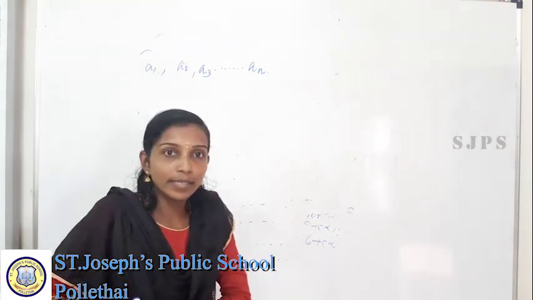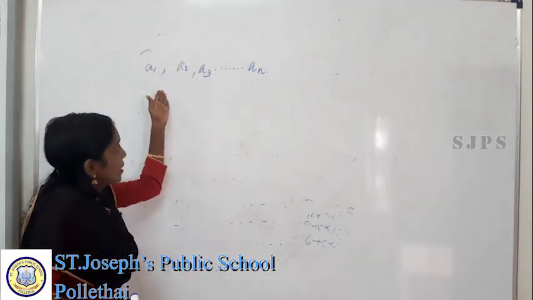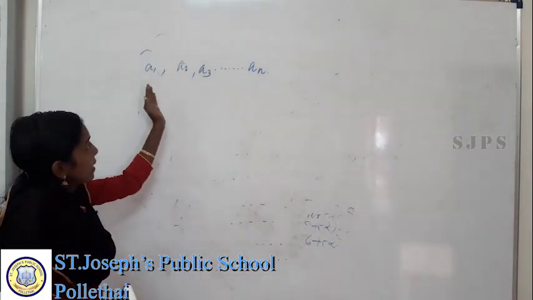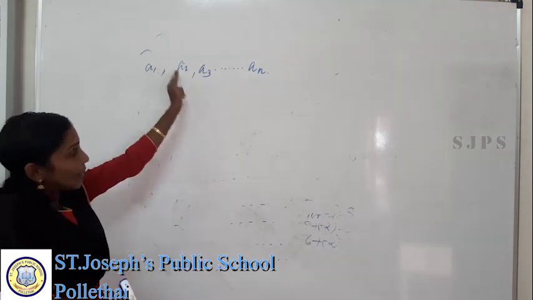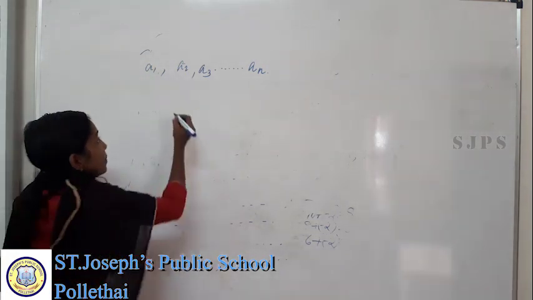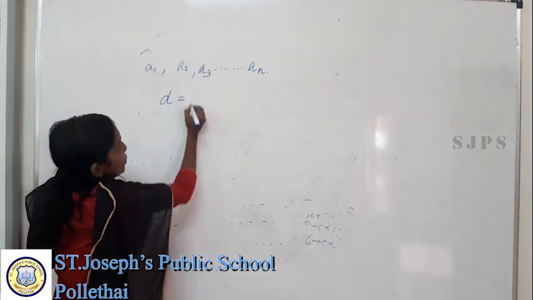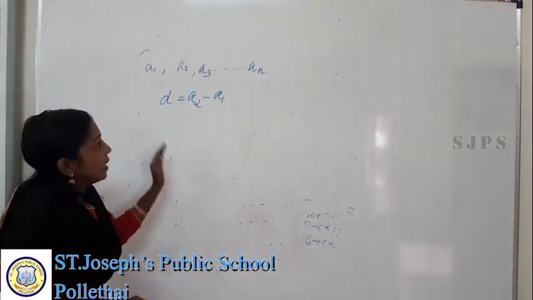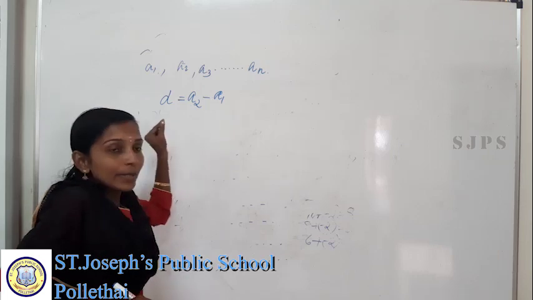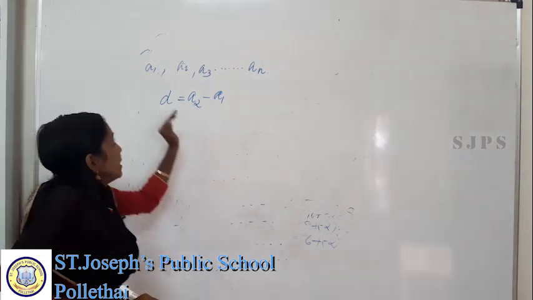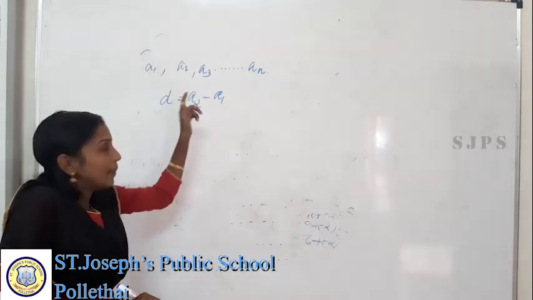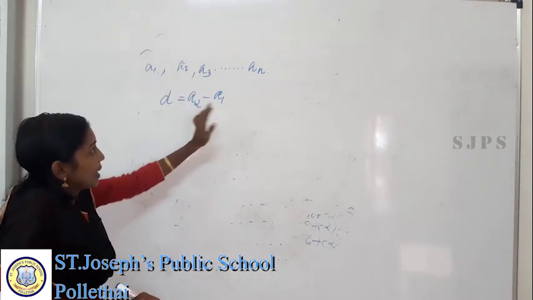We can find the common difference of this arithmetic progression by subtracting the preceding term from the succeeding term. That is, d is equal to a2 minus a1.